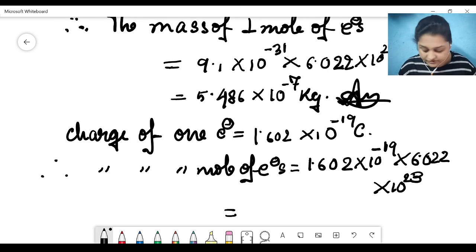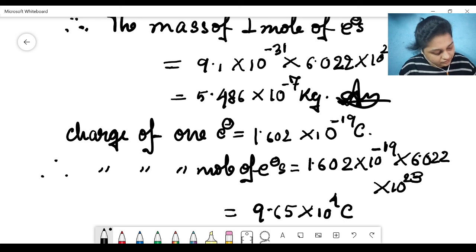This will give the total charge value of 9.65 into 10 to the power 4 coulomb.